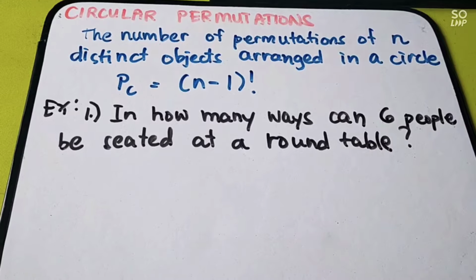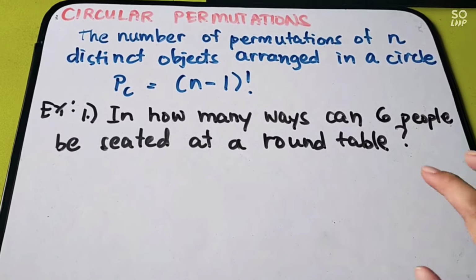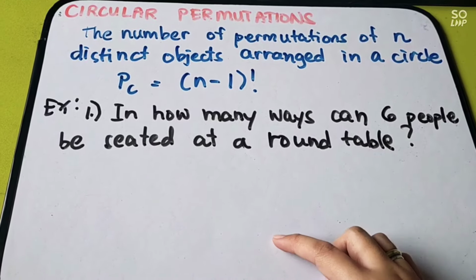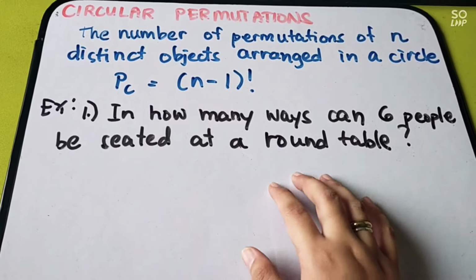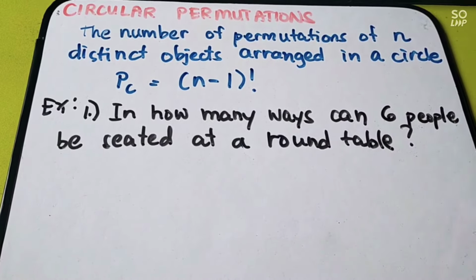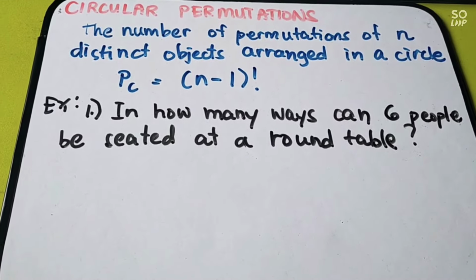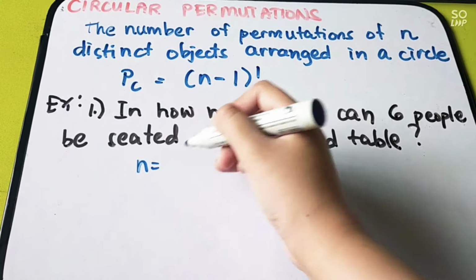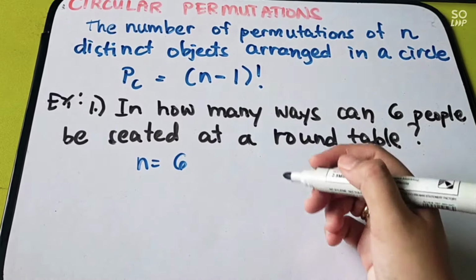Dito, kailangan alamin mo kung yung kanyang problem naman ay involve ang circular manner. So, since in number 1, sa round table daw, ilang ways daw pwedeng maupo yung 6 people. By using this formula, you have your n, here given is 6 people.